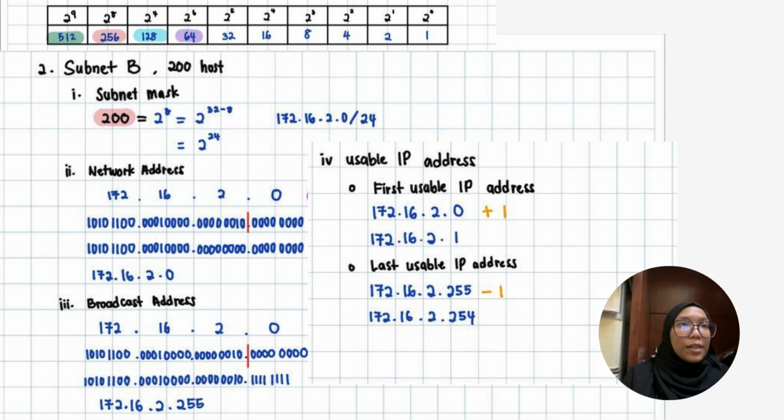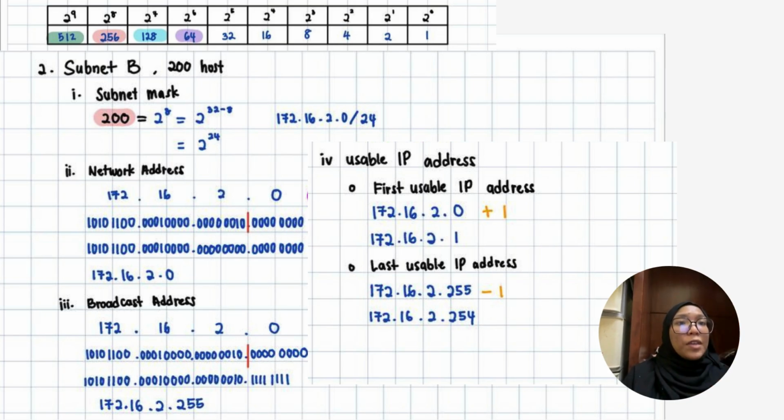For example, for 172, we sum 128 plus 32 plus 8 plus 4, which equals 172. The ones that we do not sum up, we write as 0.